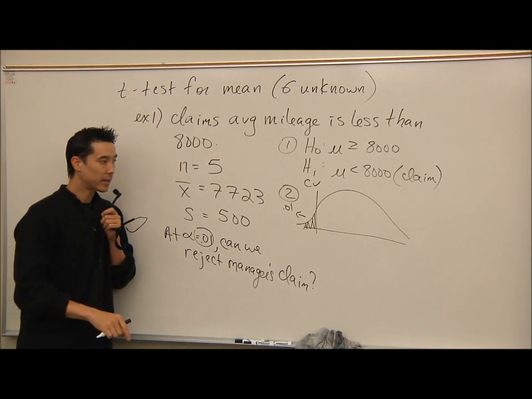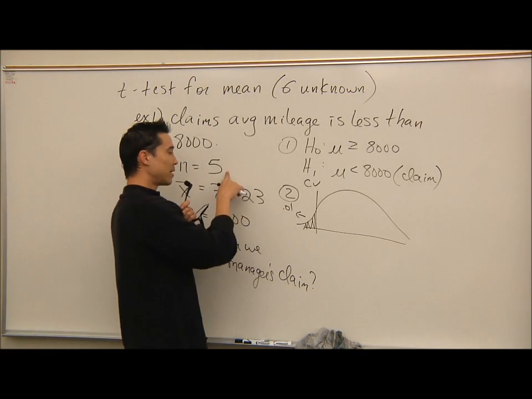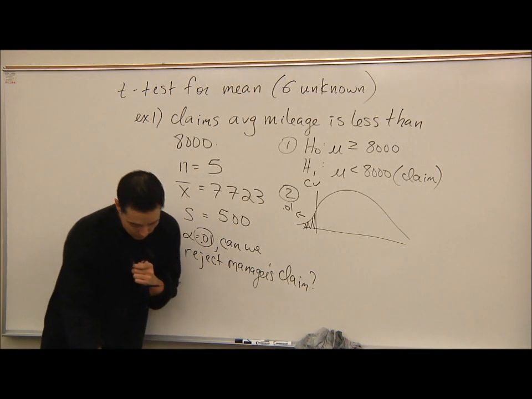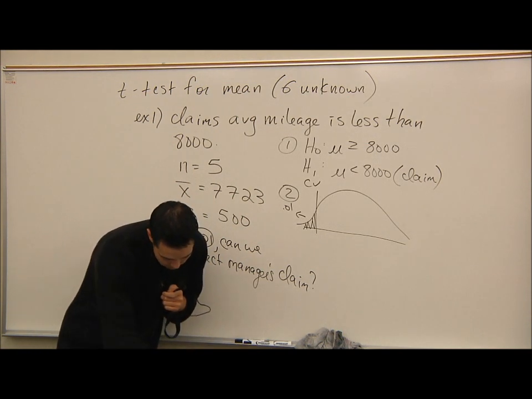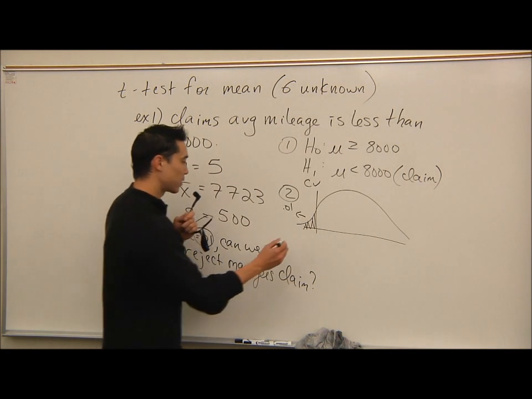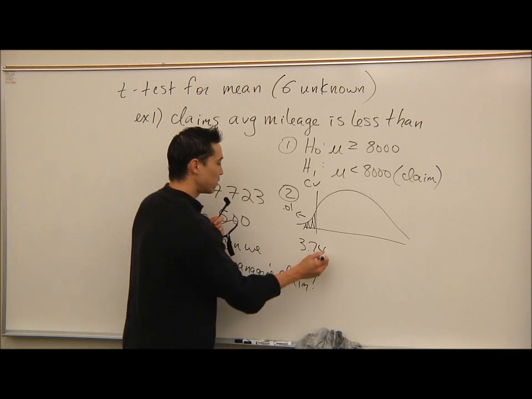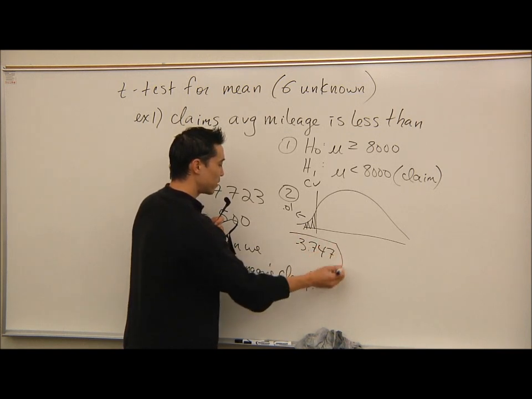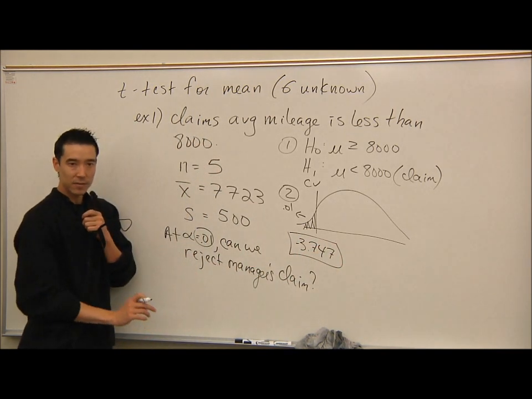So I need to go to my table. One-tailed test, alpha is 0.01, degrees of freedom is 4. You get 3.747 on your table. This is on the left side, so it's negative 3.747. And that's the end of step 2.